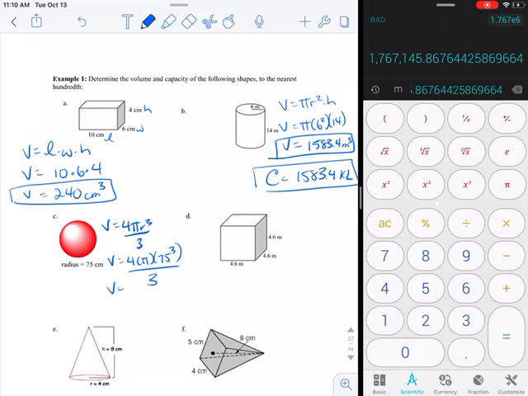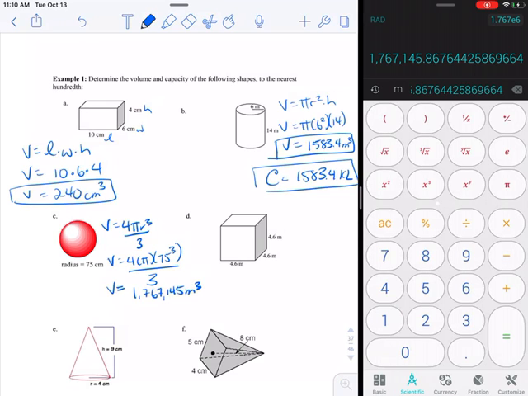Okay, let's try that one again. 4 times pi times 75 cubed. And then we divide by 3. Pretty big number.